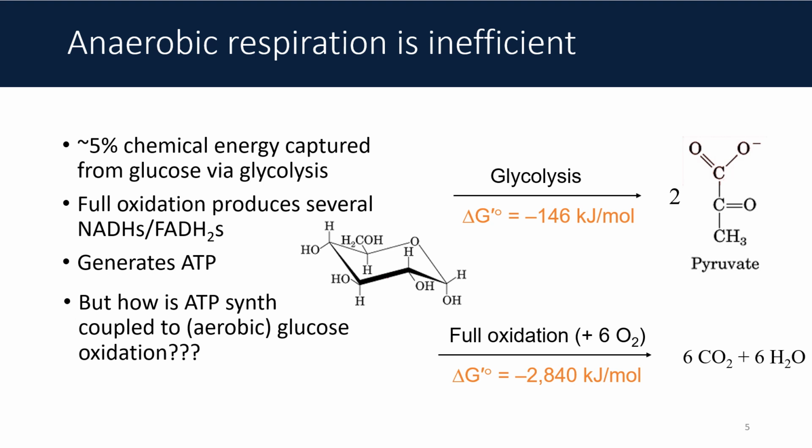I've said before that glycolysis is inefficient. It only is going to release 5% of the chemical energy that is contained within a glucose molecule, about 146 kilojoules per mole.